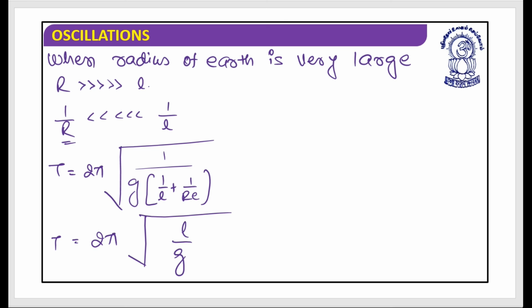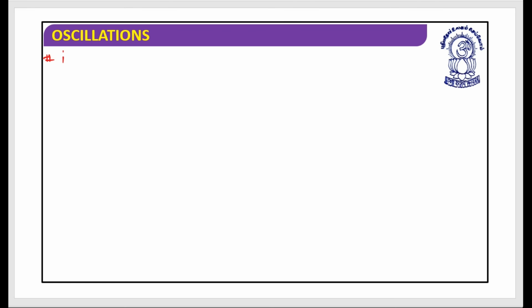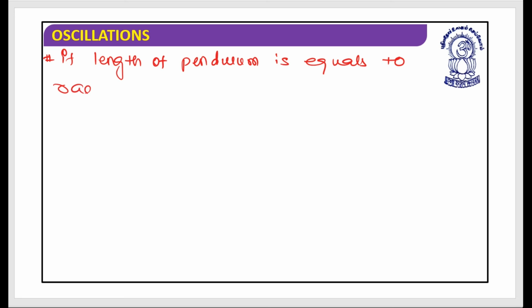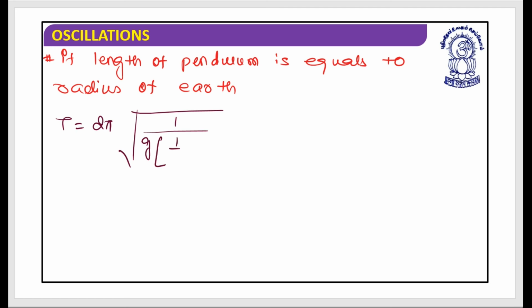Let's discuss one more case, in which the length of the pendulum is equal to the radius of the earth. According to the formula, T equals 2 pi under root of 1 divided by g into bracket 1 by l plus 1 by Re.